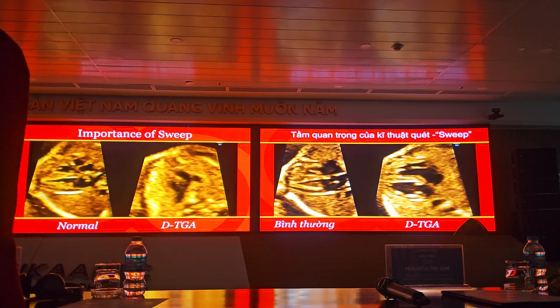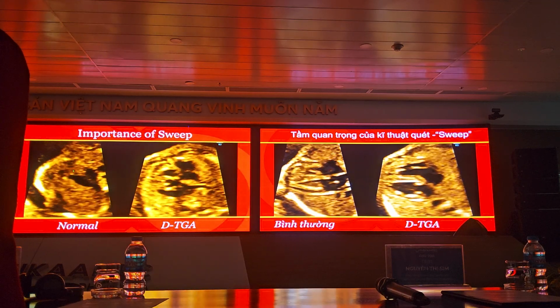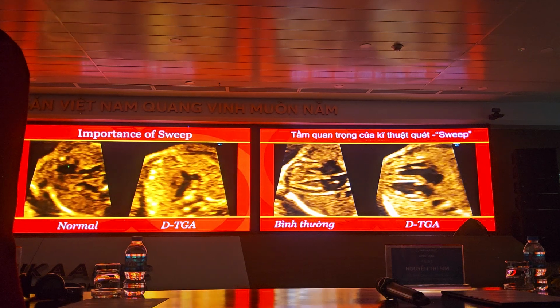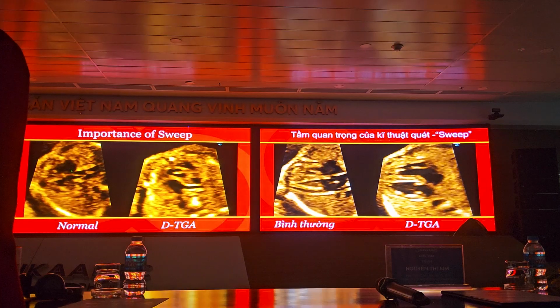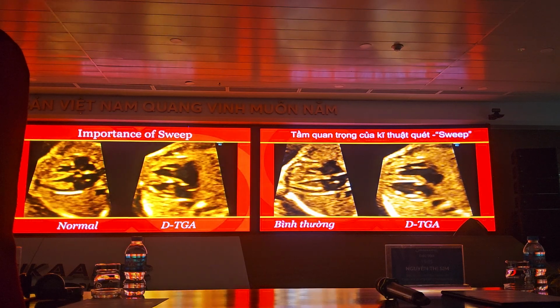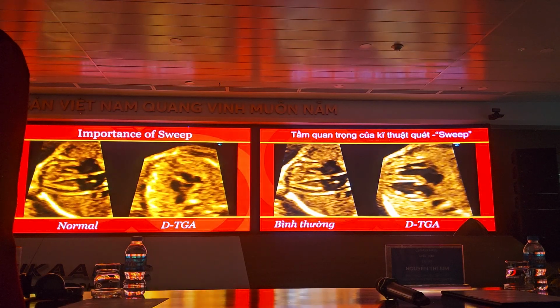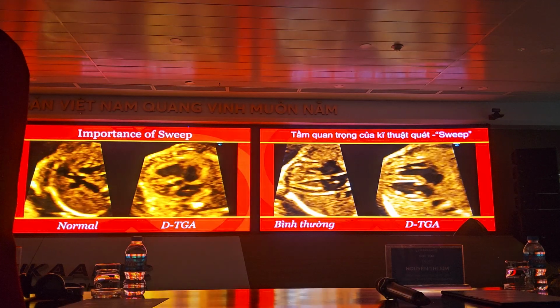So if you look here on the left, you can see a normal sweep from the 4-chamber to the LVOT, RVOT. See how they cross, go all the way up, all the way down, and it ends in a 3-vessel view. Here on the right, if you follow with the sweep, even though the 3-vessel view actually looks pretty normal, sometimes a 3-vessel view with transposition can look normal.